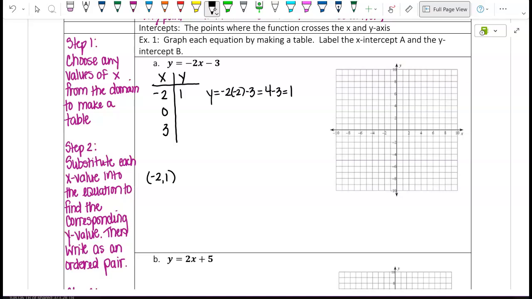Then I'm going to move to the next x value. I'm going to substitute in 0. So y equals negative 2 times 0 minus 3. So 0 minus 3 equals negative 3. So my next ordered pair is 0, comma, negative 3.